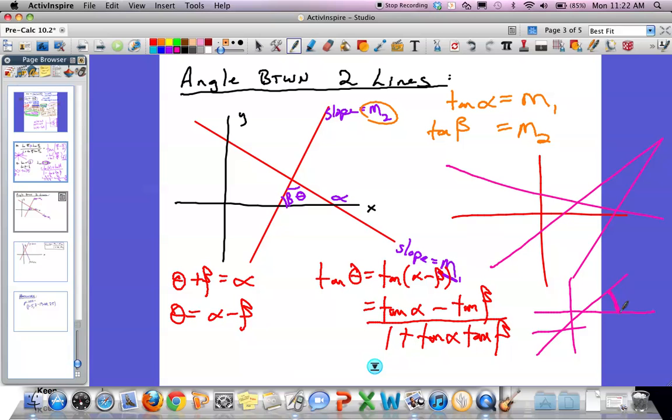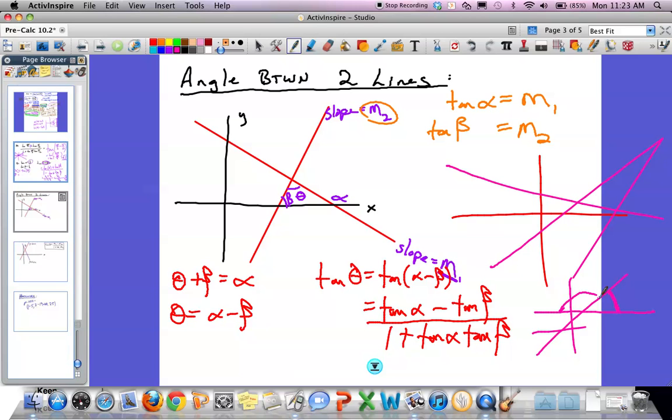Are we talking about this angle, or are we talking about this angle? And how are those two angles related? They're going to be supplementary. They're going to add up to 180. So either one you find, you'll automatically be able to find the other one.